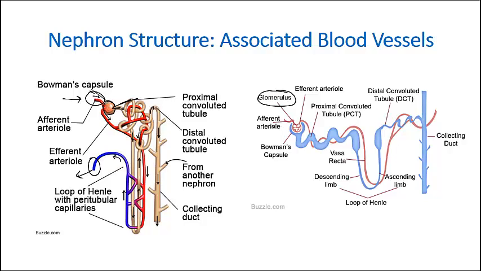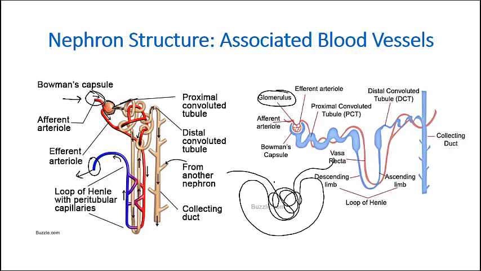Now here this glomerulus has the efferent arteriole, and if you look here, the afferent arteriole is larger in diameter than the efferent arteriole. I don't think this picture is clearly representing that fact, but actually if I draw the structure, let's say this is the Bowman's capsule and this is the glomerulus, what you will find here is that the diameter of the afferent arteriole is much bigger compared to the diameter of the efferent arteriole.